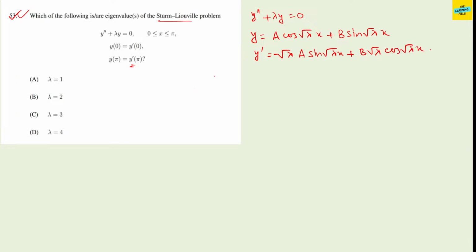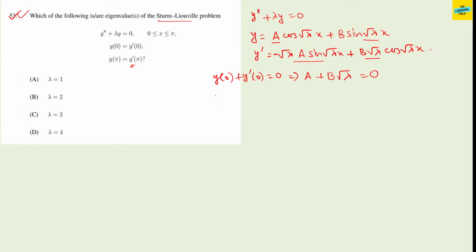Fine. So y0 plus y dash 0 is equal to 0. This gives y0 means cos 0 is 1, so a, plus y dash 0 means 0 plus b root lambda. So a plus b root lambda is equal to 0. From here we get a, from here b root lambda.